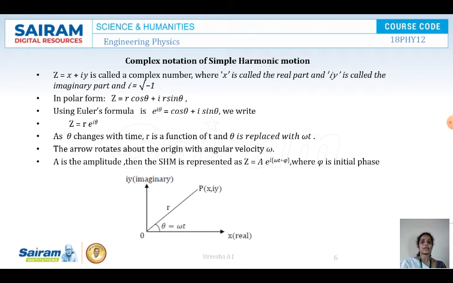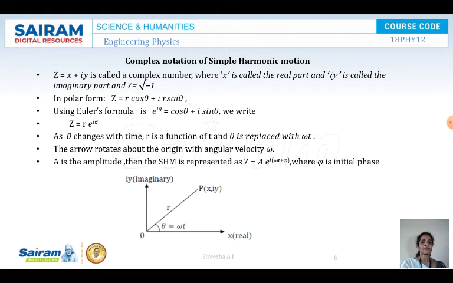Now, we see the complex notation of a simple harmonic motion. Any complex number z is represented as z is equal to x plus iy. Here z is called a complex number, x is called the real part, and iy is called the imaginary part, and we know that i square is equal to minus 1, or i is equal to root of minus 1.